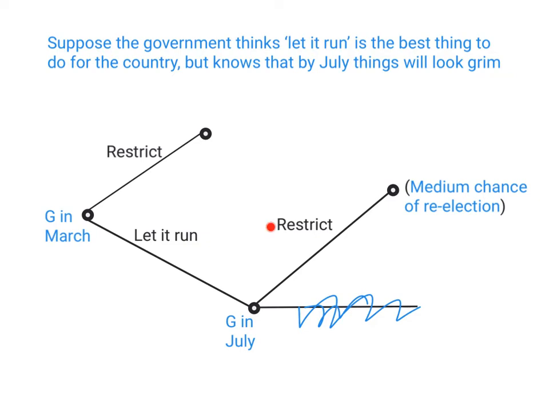So we would expect this payoff up here, which I've deliberately left blank at the moment, because really it's three different parts of our game tree. We would expect this payoff to be higher than the restrict later payoff. Even if it only leads to the same chance of re-election, it will lead to less deaths. So we would predict here that the government will choose not to let it run.